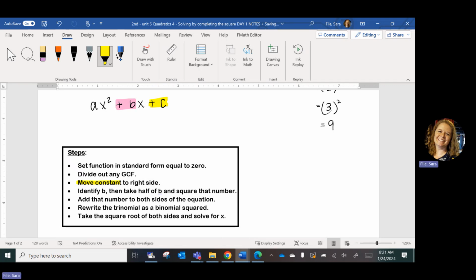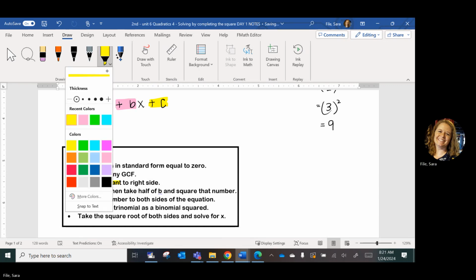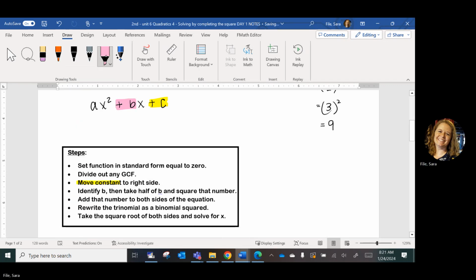Then we are going to identify b. Okay, and we're going to do half of b and square that number. That's that (b divided by 2) squared. Okay, that's what that step is. Then whatever number we get there, we're going to add that number to both sides of the equation.